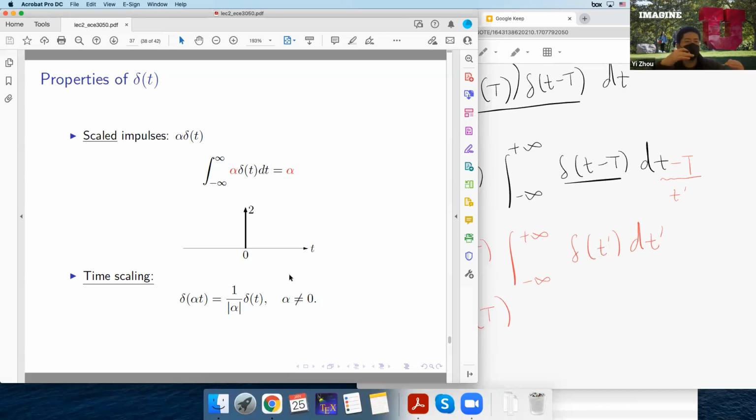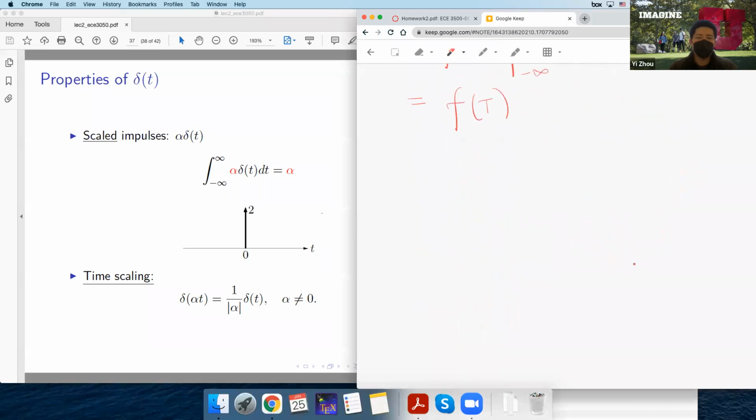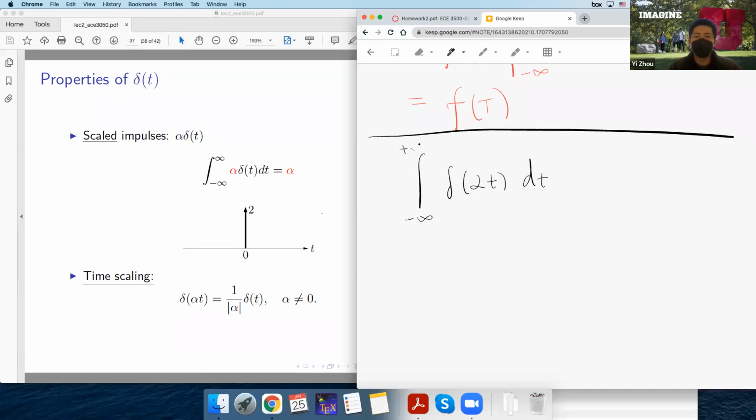Normally, we know that time scaling and amplitude scaling are completely different. But let's see if we can prove this. It's just by considering this integration. And we can do a change of variable because of alpha t.